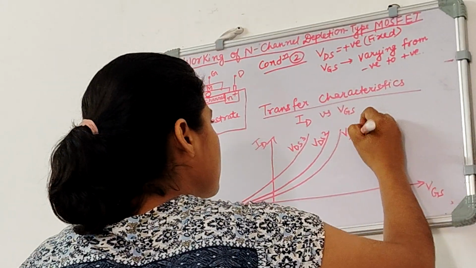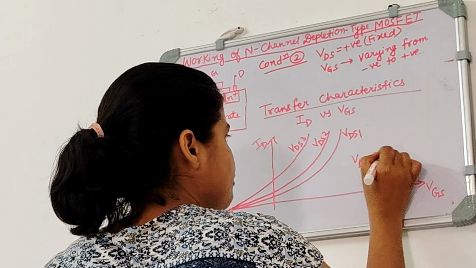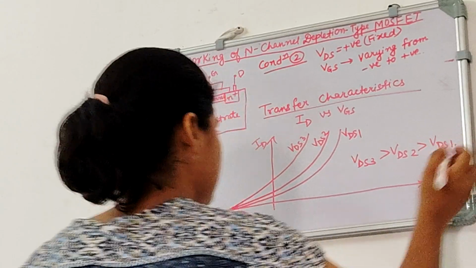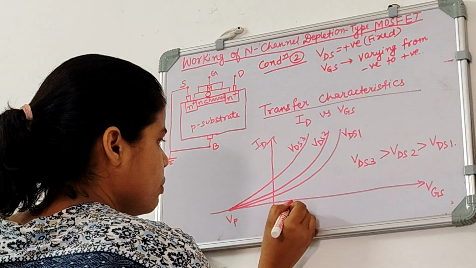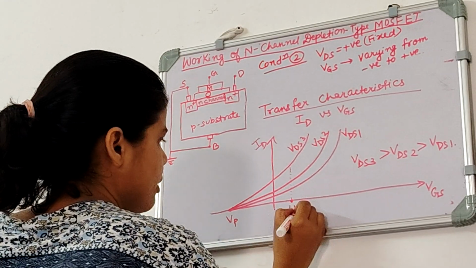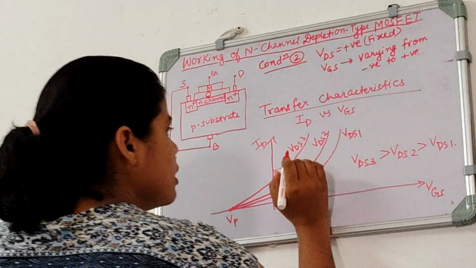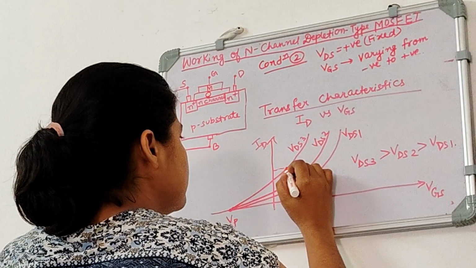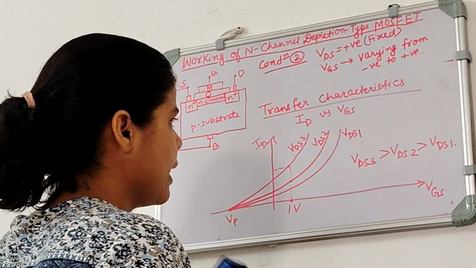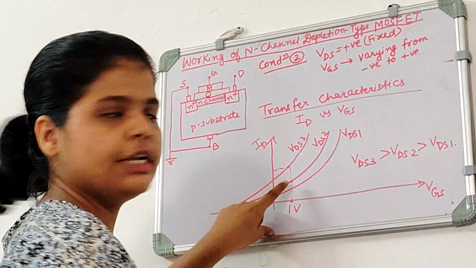Here VDS3 is greater than VDS2, which is greater than VDS1, because for a certain VGS value, suppose VGS is plus 1 volt here, the current value is highest at VDS3, at VDS2 we will have a current value less than VDS3 and greater than VDS1.